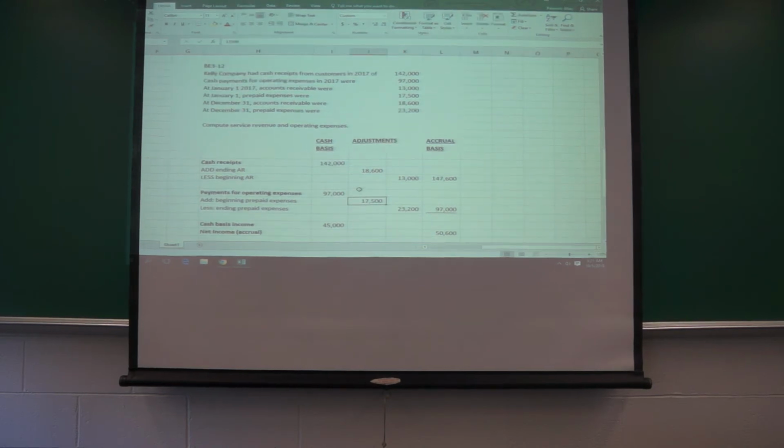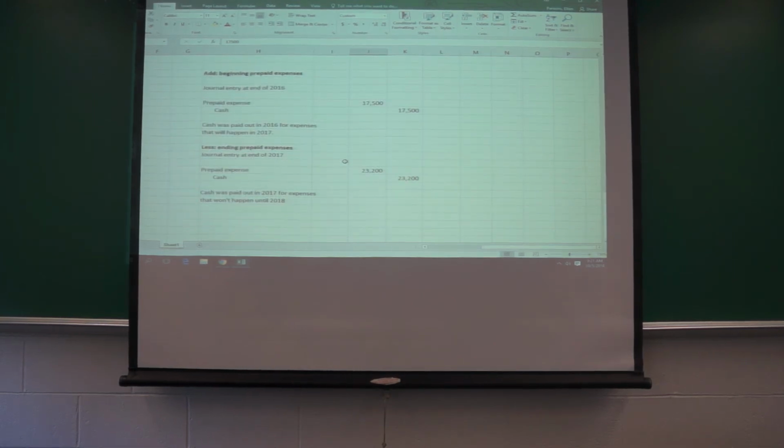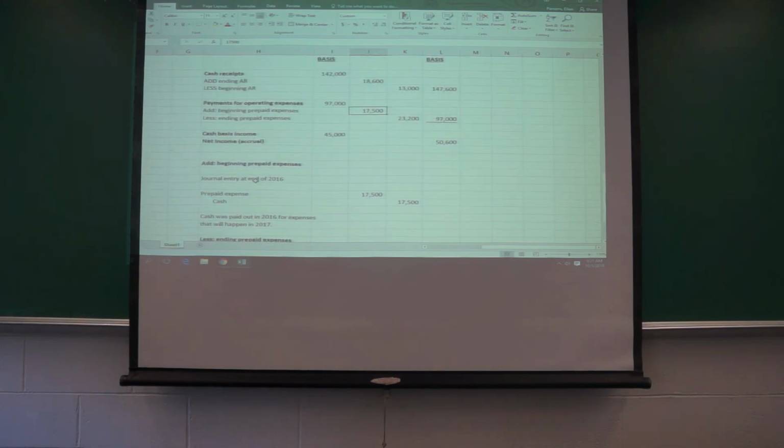And then we come down to, at December 31st, prepaid expenses were $23,200. Okay, so the journal entry for that would have been prepaid expense and cash. So cash would have been paid out this year for expenses that don't happen until next year. So for that, we are going to deduct it to get to the accrual basis.